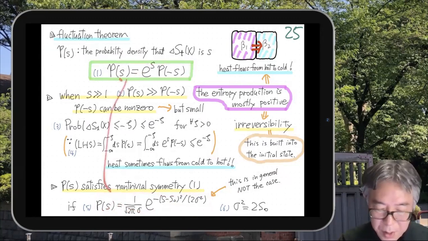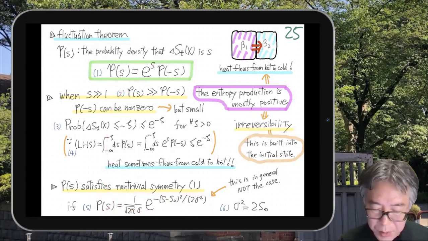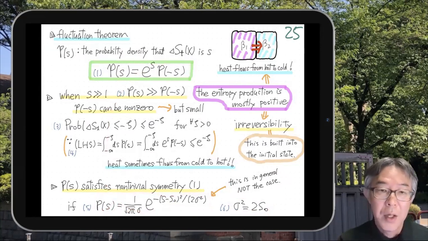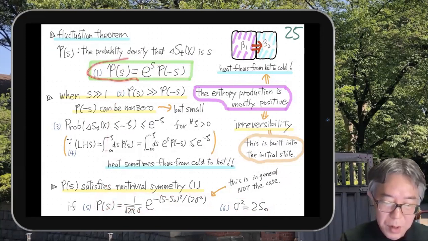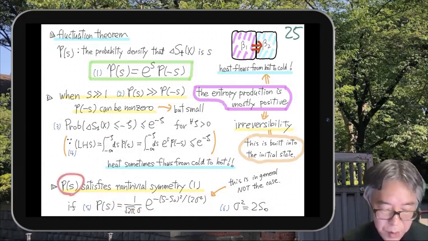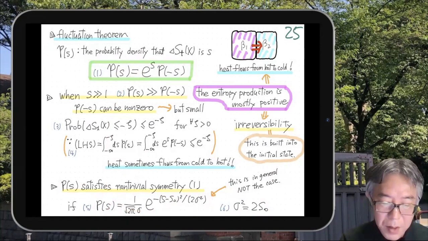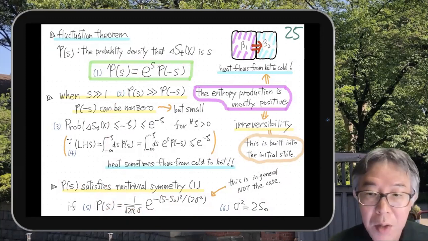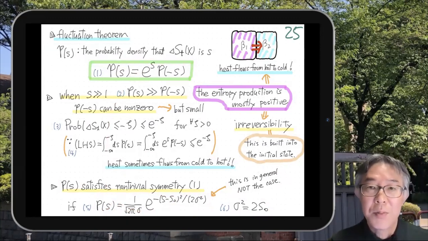If you plug this in, you see that sigma and S_0 should satisfy this non-trivial identity. So this poses a very strong and interesting constraint on the possible form of the probability density for the entropy production. Okay, so that's all for this part.